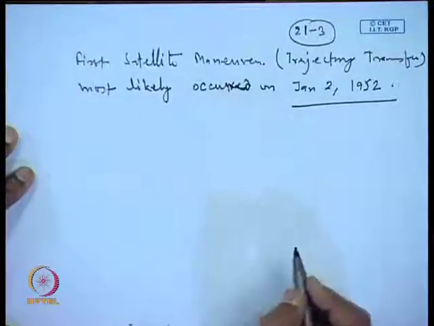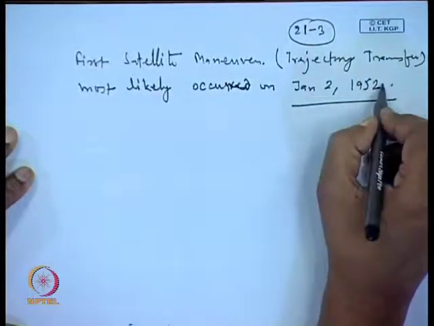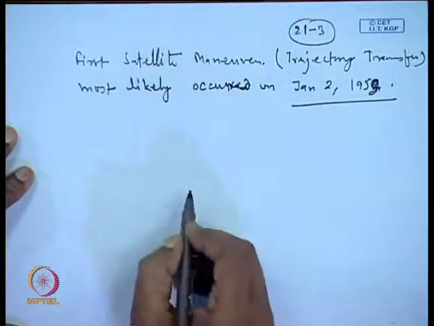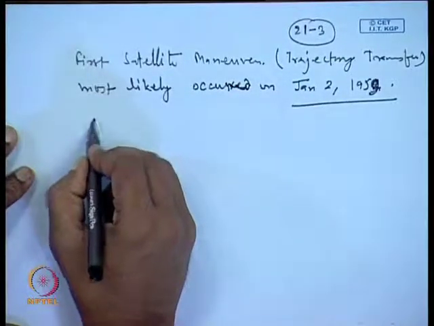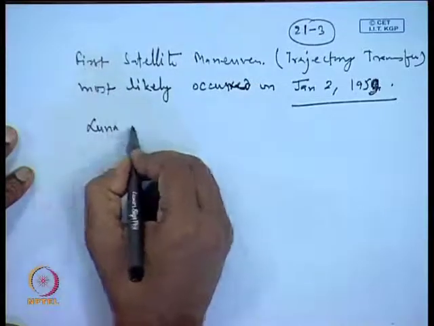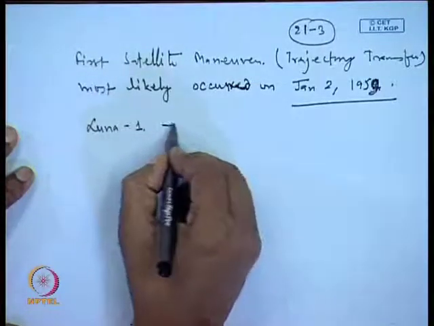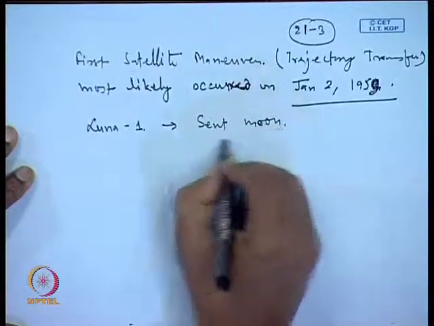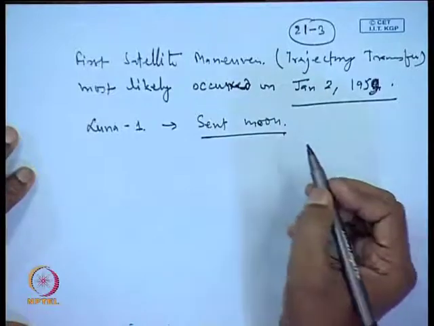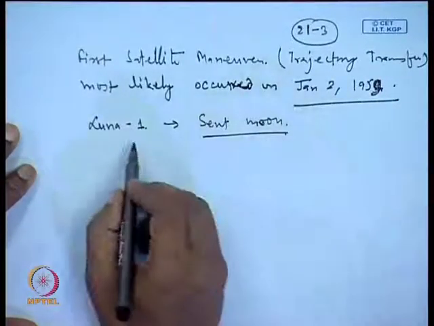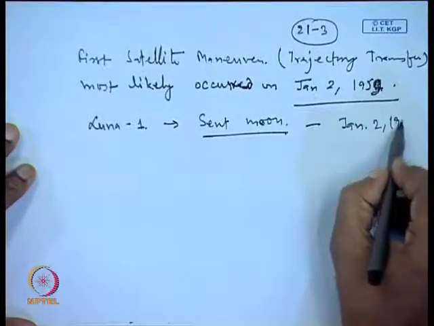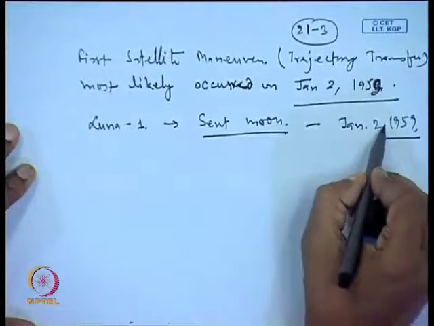January 2nd, 1959. This is 1959, because this was done for Luna, okay, not 52. The Soviet satellite Luna 1, which was sent to the moon, was launched on January 2, 1959.